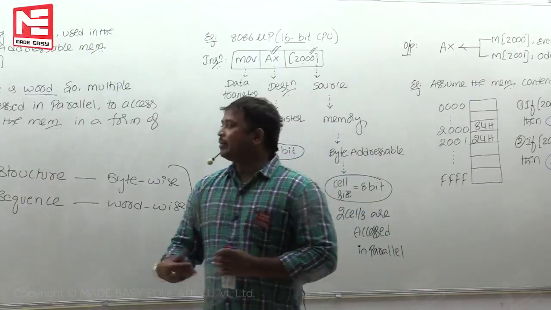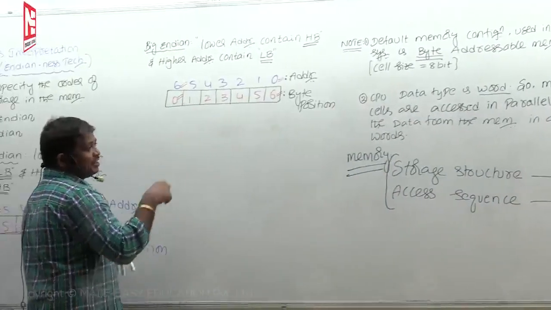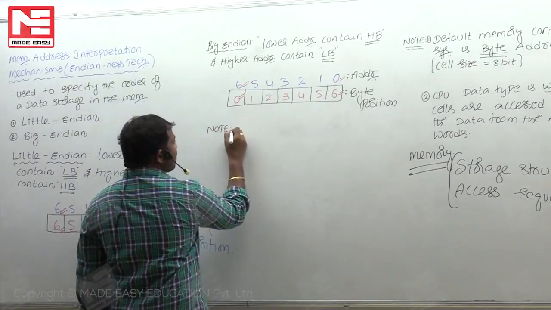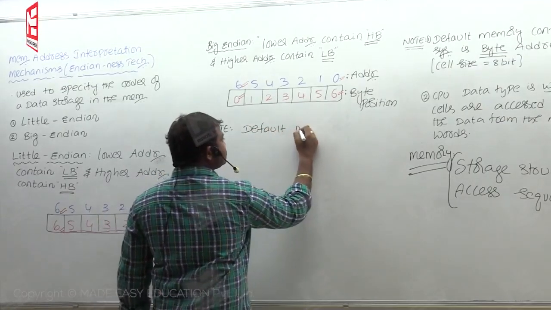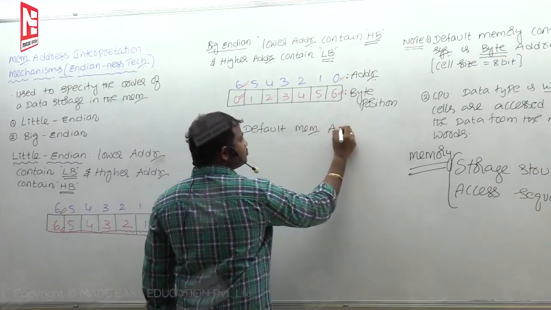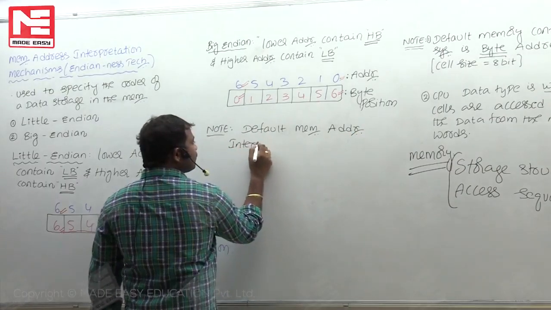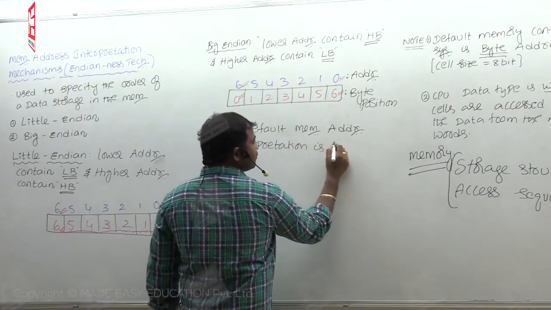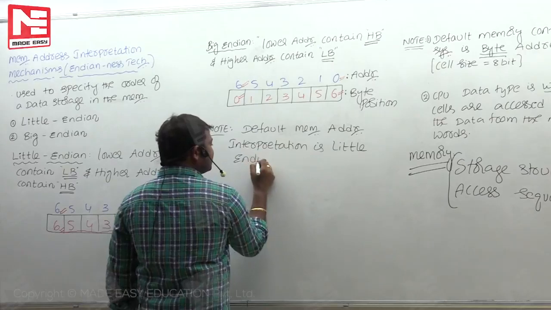So with the little endian mechanism, what will be the output generated by the instruction? We'll see here. Notice the default memory address interpretation is little endian.